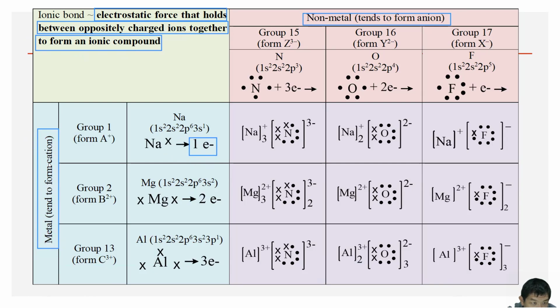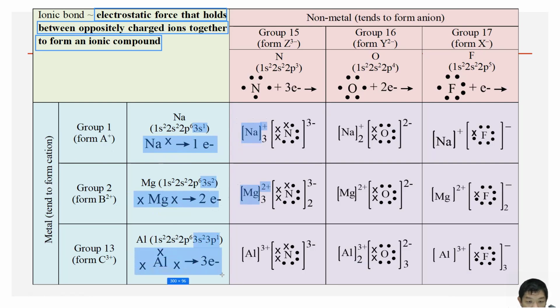So generally, Group 1, with the configuration of ns1, tends to donate one electron in here, so that you form Na+. Magnesium, with two valence electrons in here, tends to donate two electrons to form Mg2+. And then group 13, with three valence electrons, will tend to donate three electrons to form Al3+ in here.